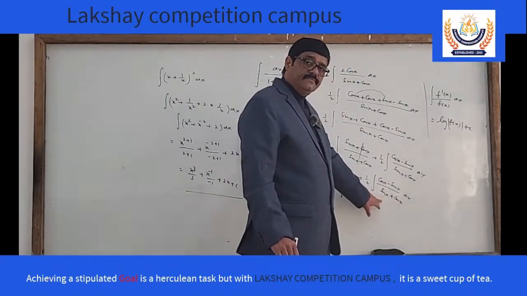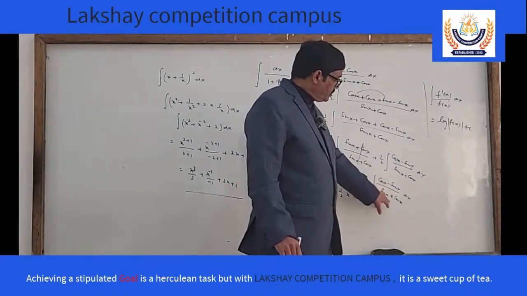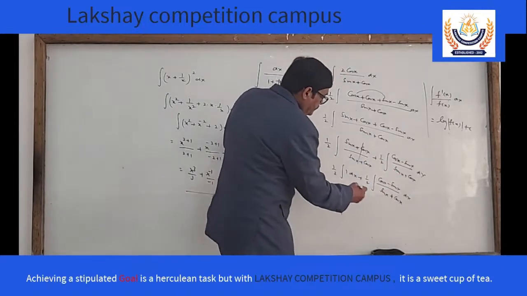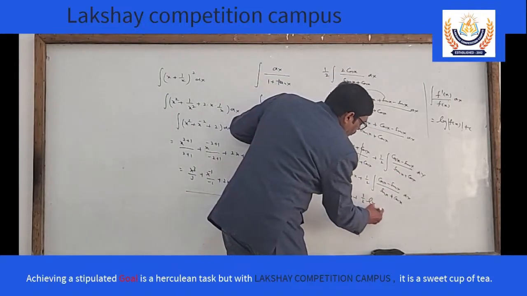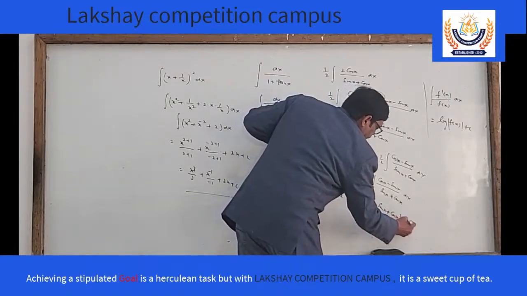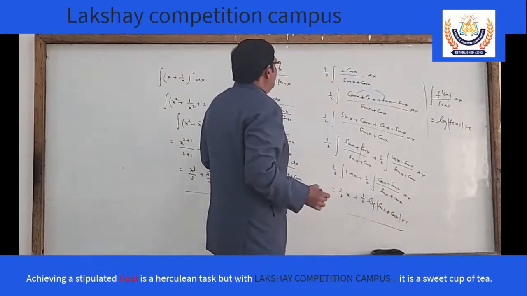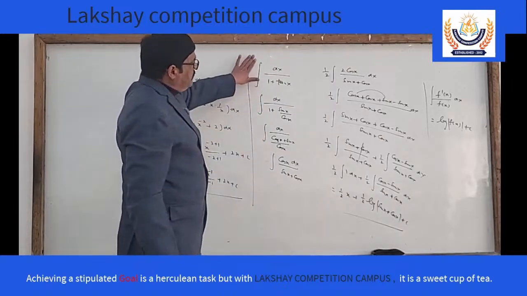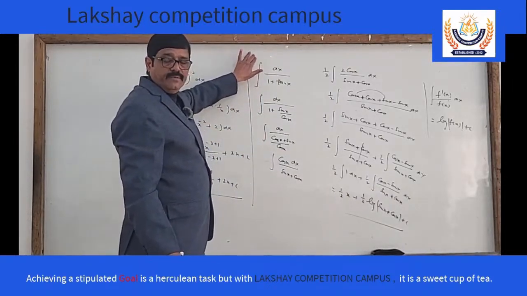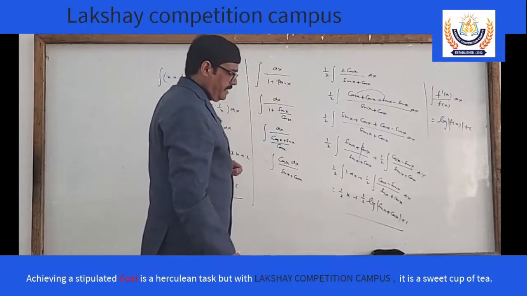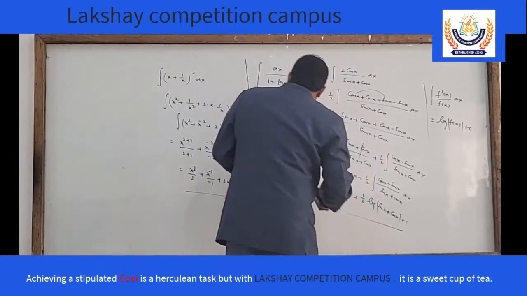Its derivative is cos x minus sin x. So it is f dash x by f x, and it becomes log of sin x plus cos x. So this is the problem, and we found the solution of it: integration of 1 upon 1 plus tan x with respect to x. Clear? Next question.